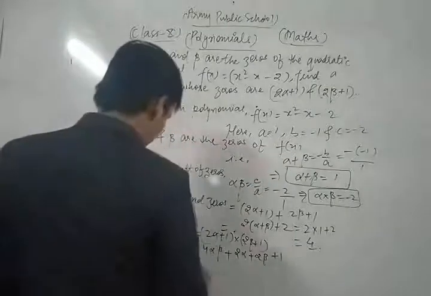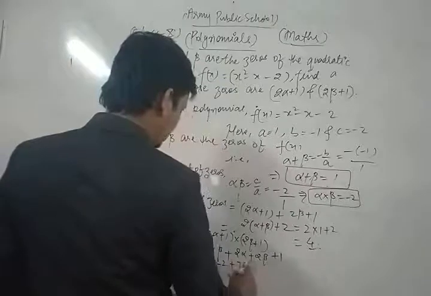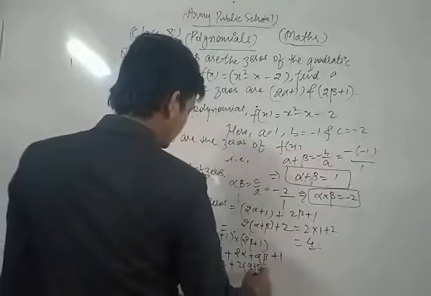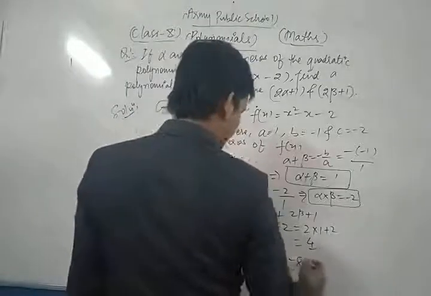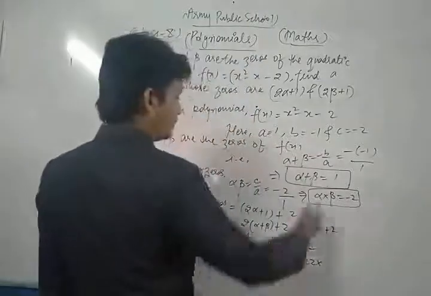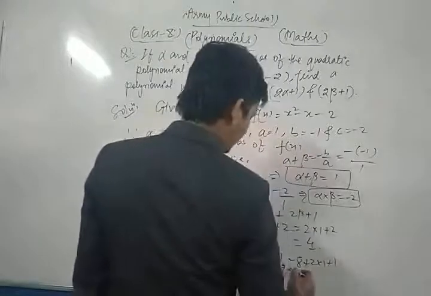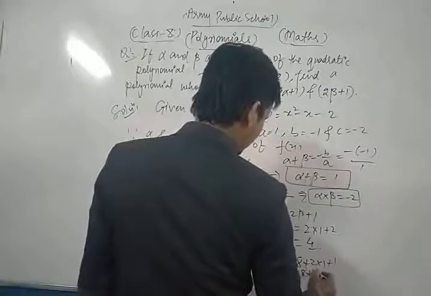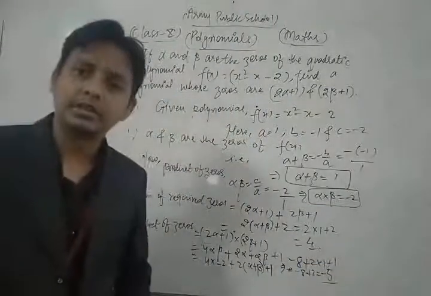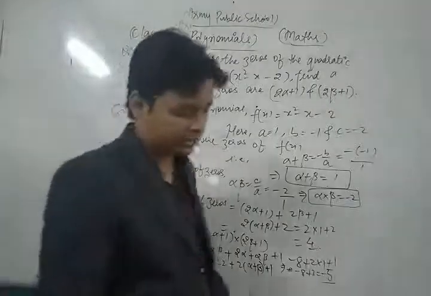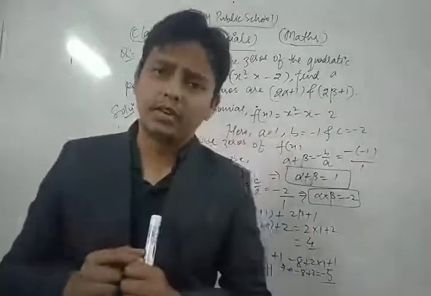Now we put in the values: 4 into minus 2, plus 2 taking common alpha plus beta, plus 1. So we get minus 8 plus 2 into the value of alpha plus beta, which is 1, plus 1. So we get minus 8 plus 2 plus 1, that is minus 5. In this way, dear friends, we find the product of zeros of the required polynomial.